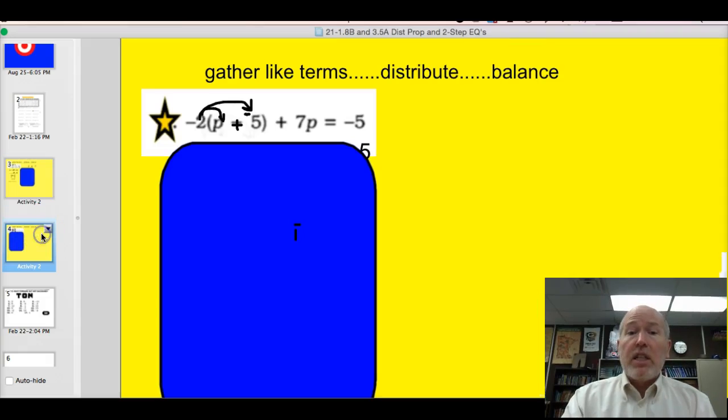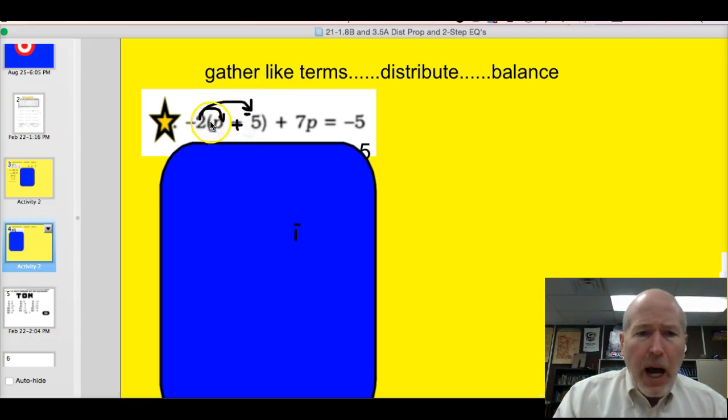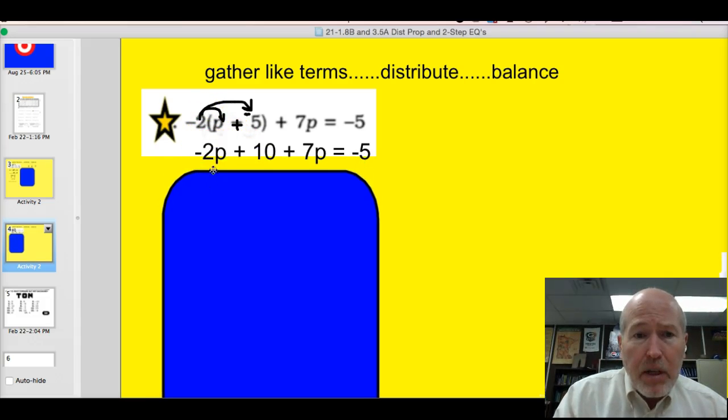All right, let's take a look at the next example, and it's got some negative numbers in it. Yikes. There's nothing that we can gather up right now, but we're going to distribute this out. We have negative 2 times p, so we're going to have negative 2p, and nobody likes negative p.